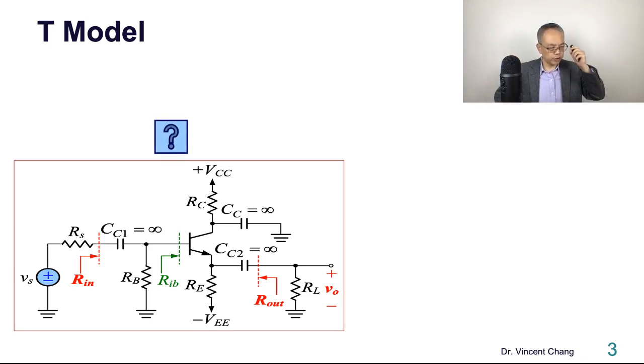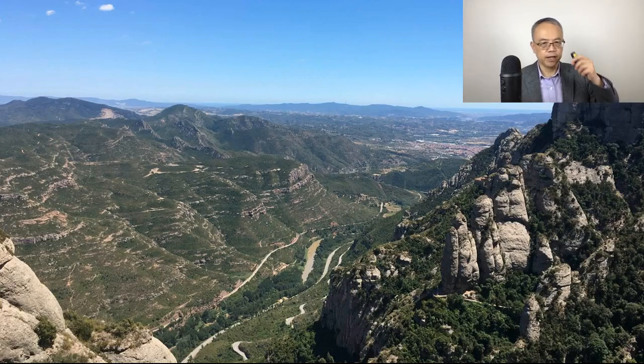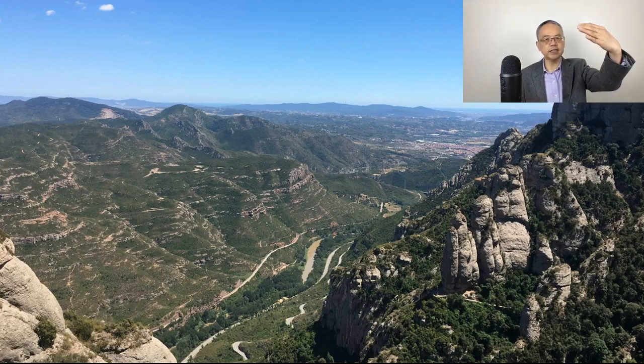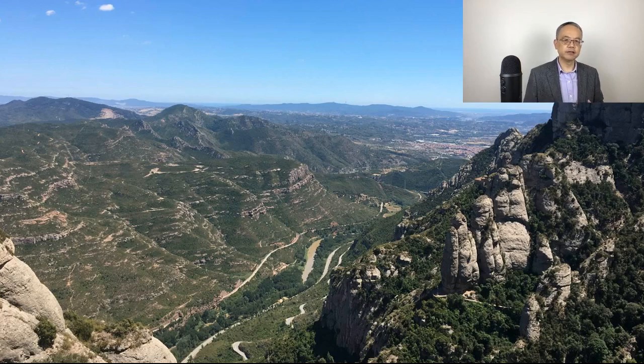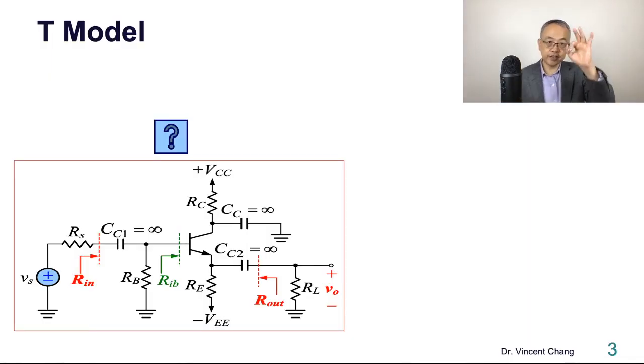So now I want you to pause for 10 minutes, try to draw the diagram based on the T model, and repeat the calculation for the input resistance, the small signal voltage gain, and the output resistance. So two things.